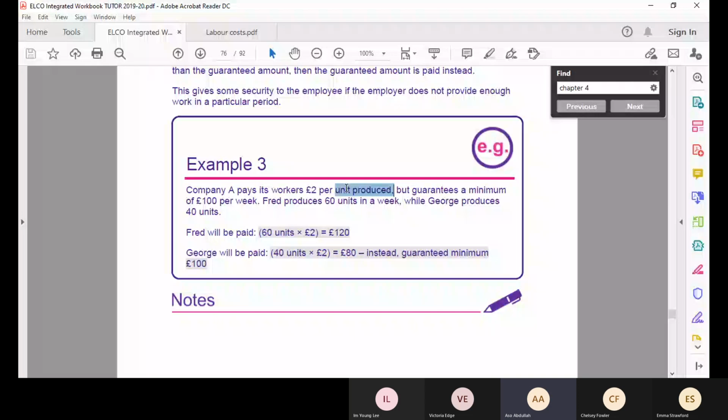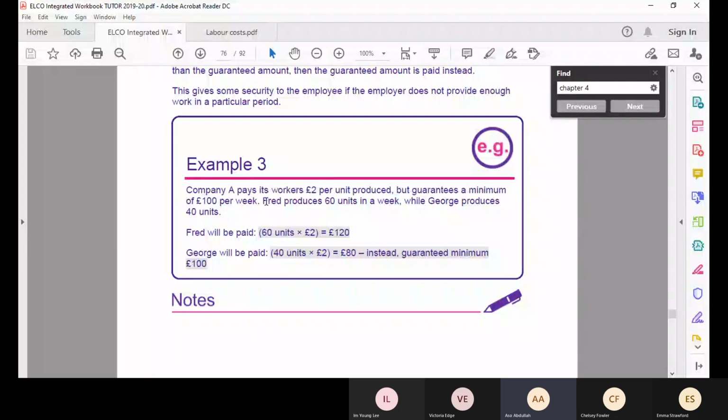So the £100 is going to be your fixed pay. No matter how many units you make, you will get £100.